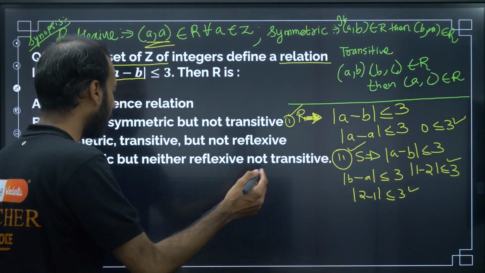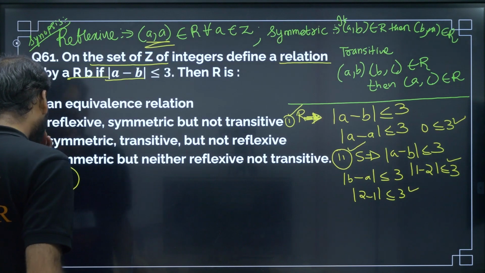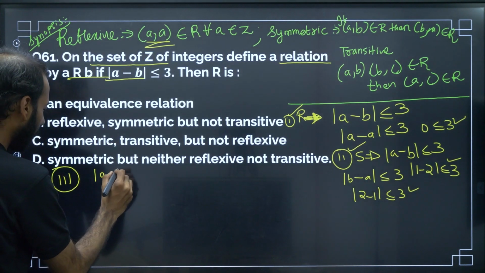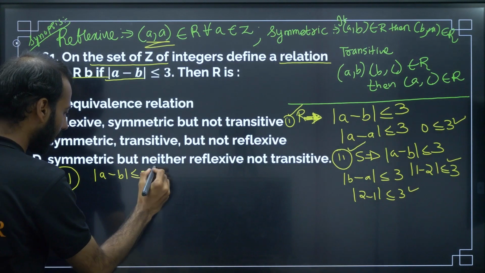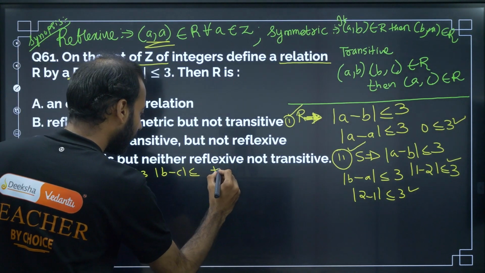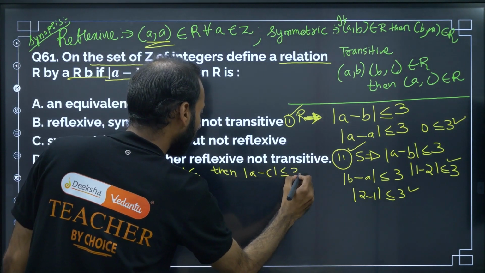Next, moving on to the third one, transitive. If a minus b is less than or equal to 3 and b minus c is less than or equal to 3, then a minus c should be less than or equal to 3.